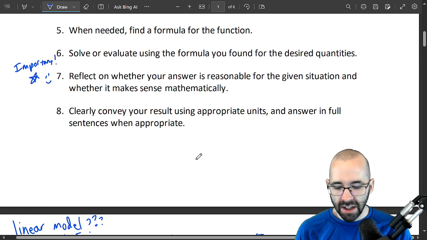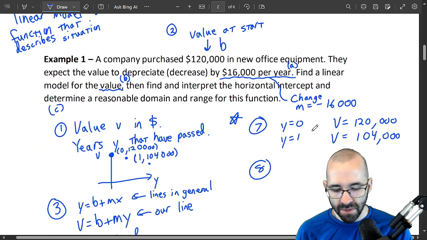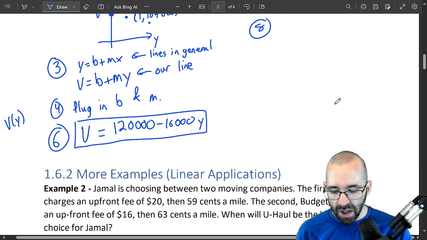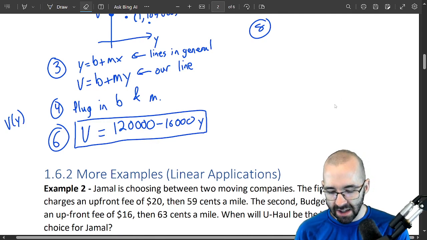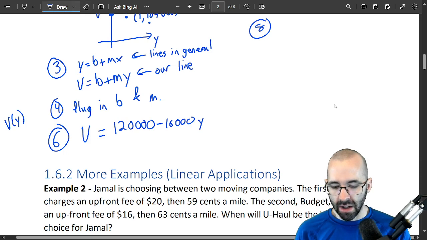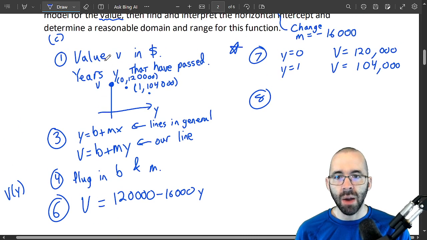Number 8, clearly convey your result using appropriate units and answer in full sentences when appropriate. So we can do that by reminding everybody, I boxed the answer here, but I said what V and Y were up here.